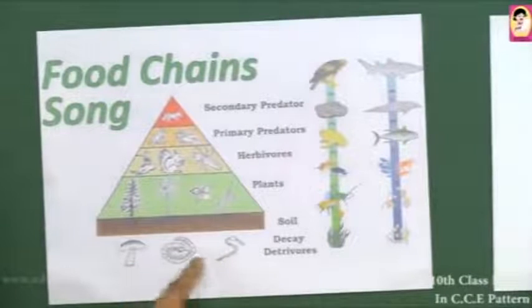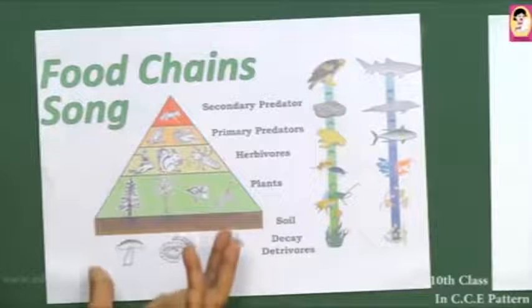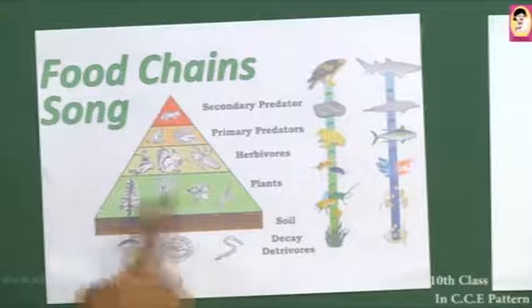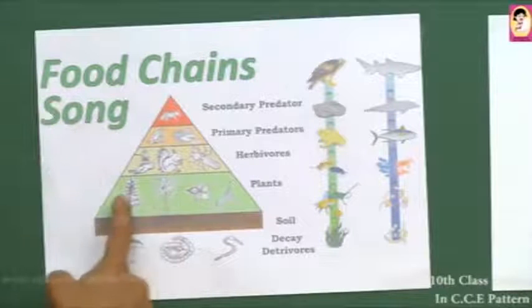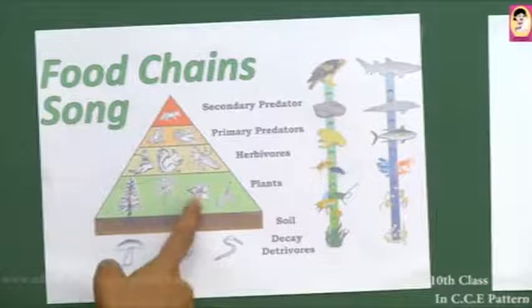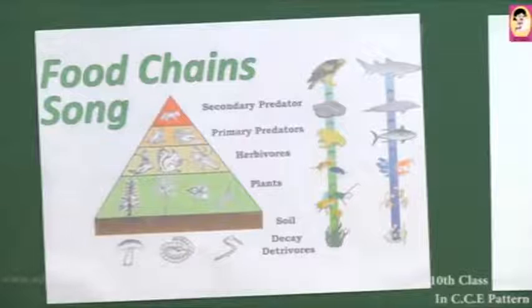Some soil-living creatures are also very good decomposers, and they bring nutrients back to the soil. Producers are usually the plants, which trap sunlight and do photosynthesis. After photosynthesis they prepare food for themselves and simultaneously for the other organisms depending on them.